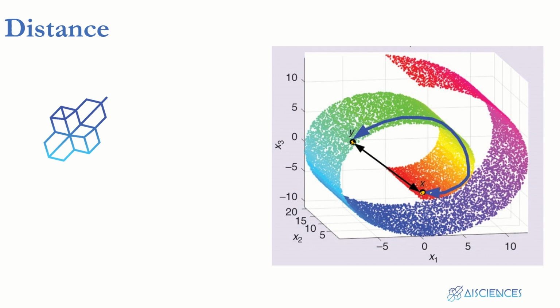For example, if you see here, although x and y, they have shorter distance along this line, and the shortest distance can be computed using a formula, Euclidean distance formula, but it is possible that the manifold or the nonlinear subspace on which this data lies, it does not allow the traveling from x to y along this path.